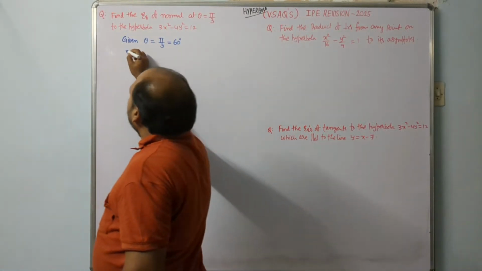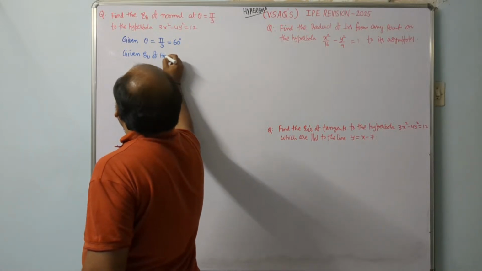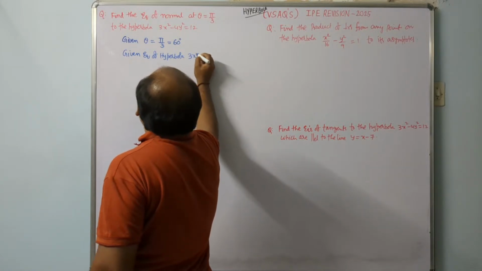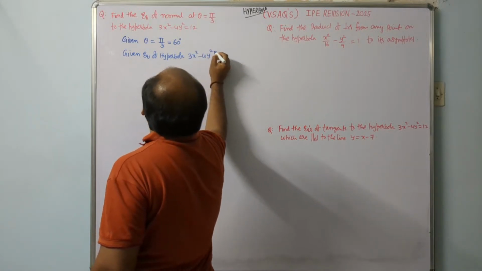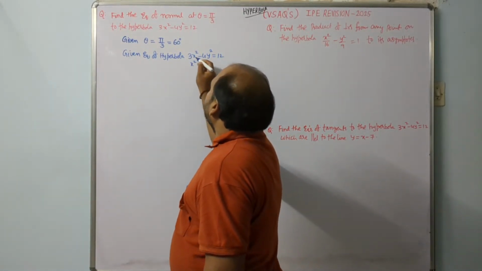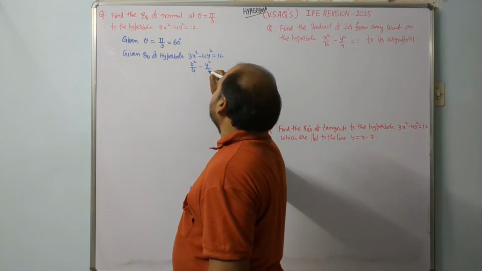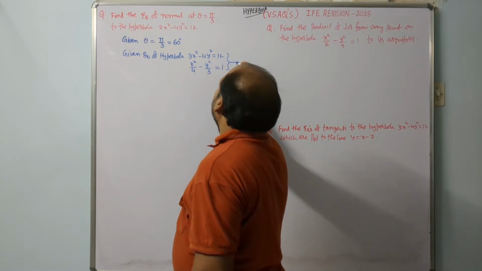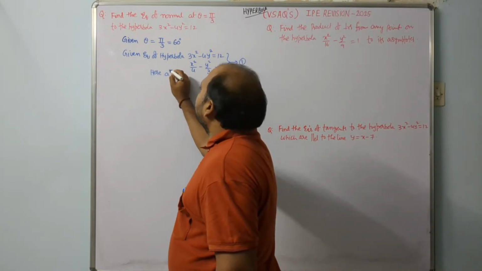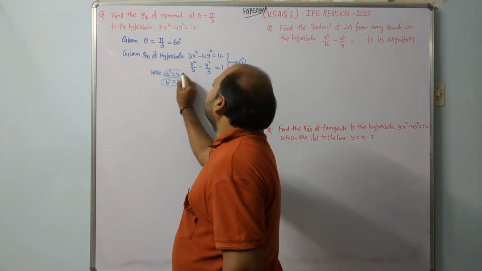Next, given equation of hyperbola, 3x square minus 4y square equal to 12, bring into the standard equation. 3x square by 12 means x square by 4 minus 4y square by 12 means y square by 3 equal to 1. Keep it as equation number 1. And here a square equal to 4 and b square equal to 3, dear students.